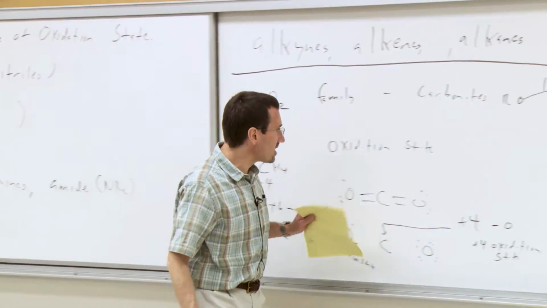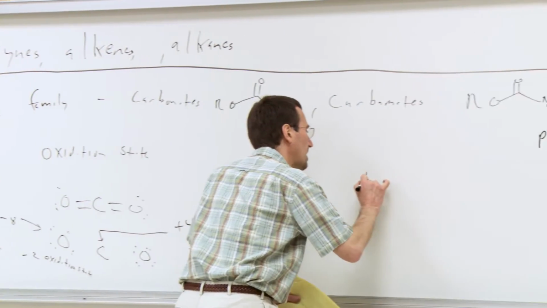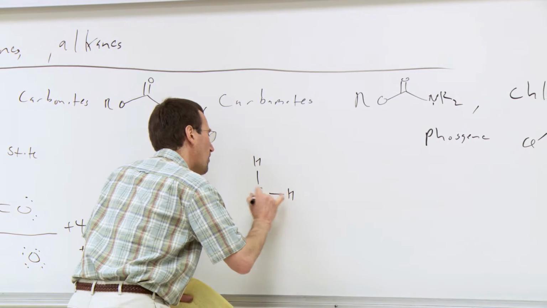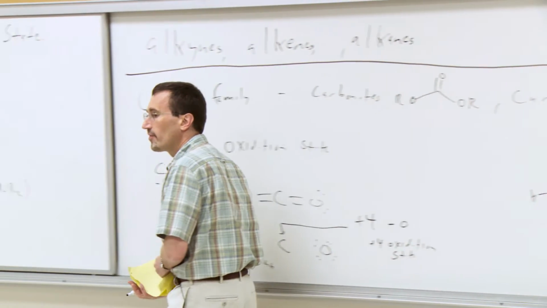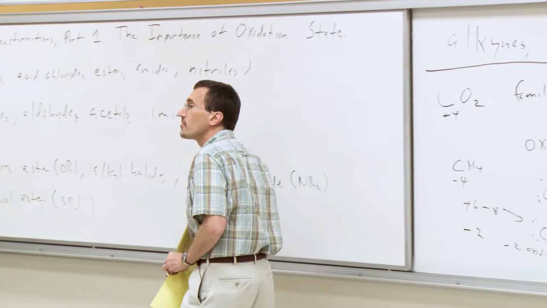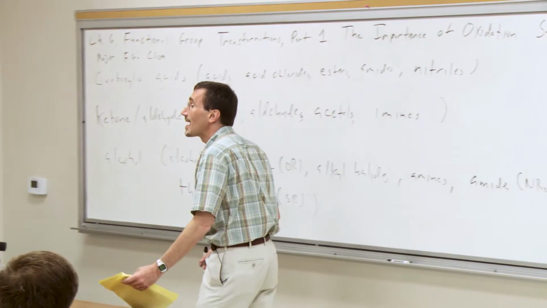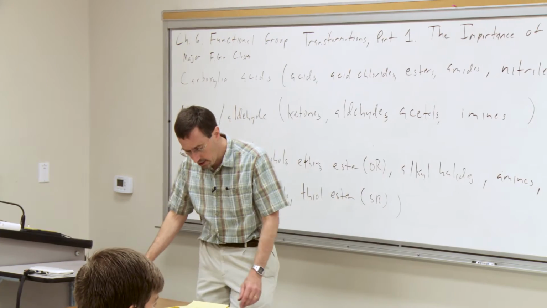For methane, and this is why I say the opposite end of the spectrum, hydrogen is more electropositive than carbon. Hydrogen has an electronegativity of 2.2.